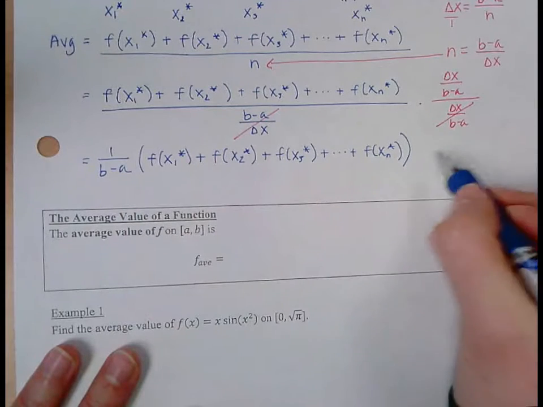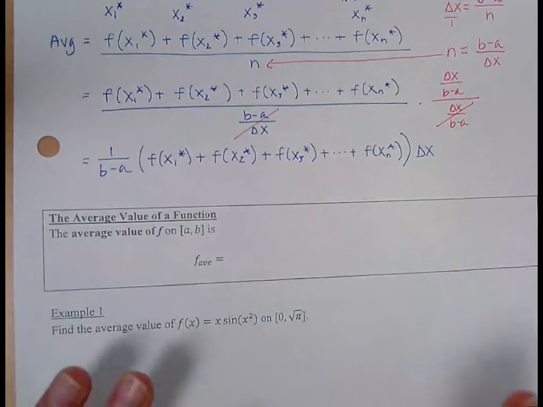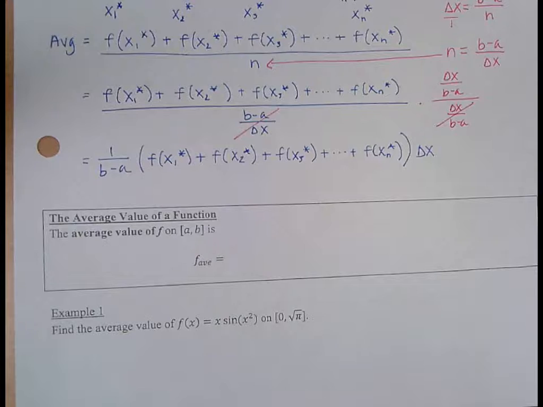And then that quantity at the end, I'm multiplying by delta x. So I just split that. Part of it's at the beginning.